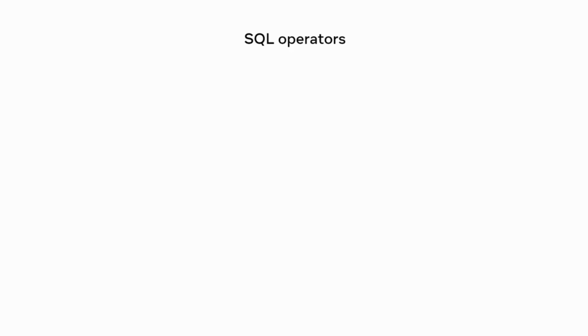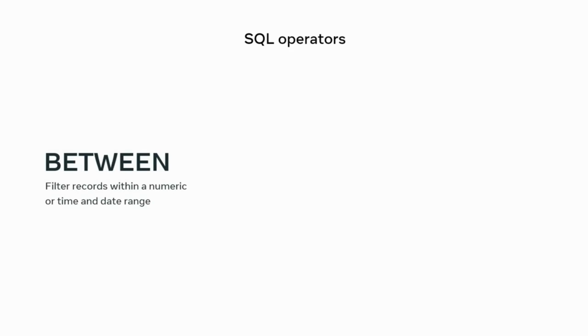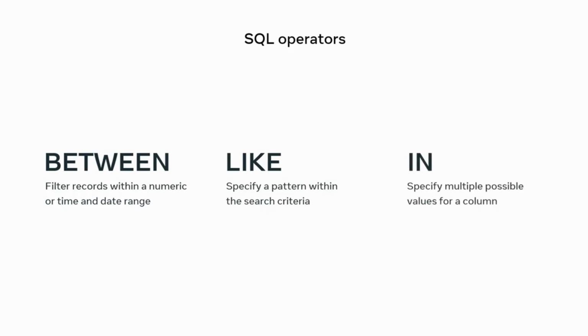In addition to these symbols, the where clause can also use the between, like, and in operators. With the between operator, you can filter records within a specific numeric or time and date range. The like operator is used to specify a pattern in the where clause filter criteria. And the in operator is used to specify multiple possible values for a column.